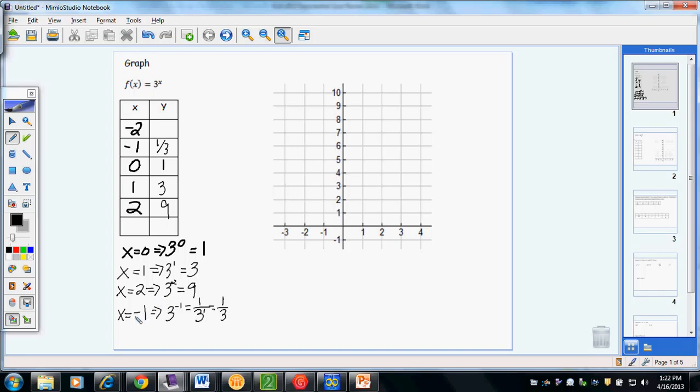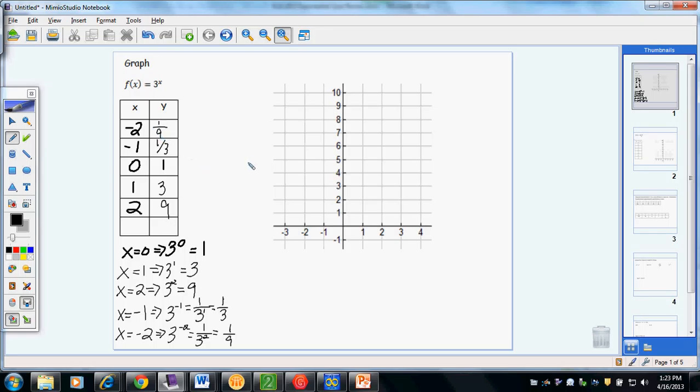Okay? And then of course when we have x equals -2, that is the same as 3 to the -2 power, which when we flip our base, we have 1/3 squared, which equals 1/9.